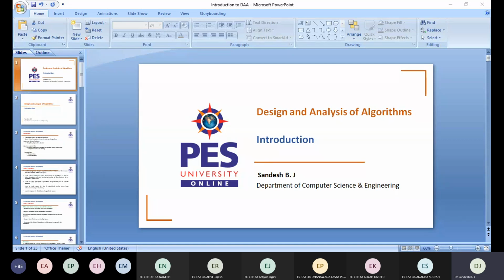Let us talk about the course objectives. The objective of this course is to learn to design and analyze algorithms. When you are analyzing the algorithms, the emphasis is given to resource utilization in terms of time and space.